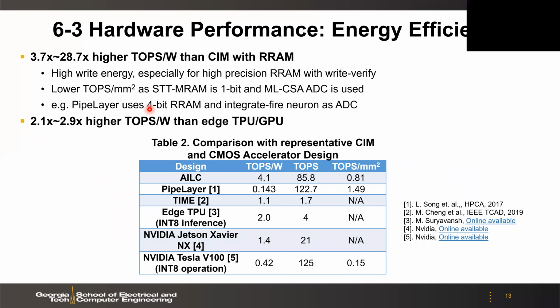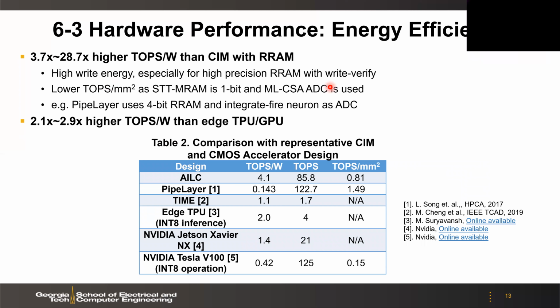The average energy efficiency of our design is 4.1 TOPS per watt over different learning tasks and different DNN models, which is 3.7 times to 28.7 times higher than the computing memory baseline designs using RRAM. It can be attributed to the high write energy of the RRAM.